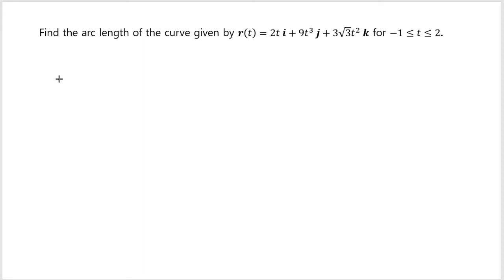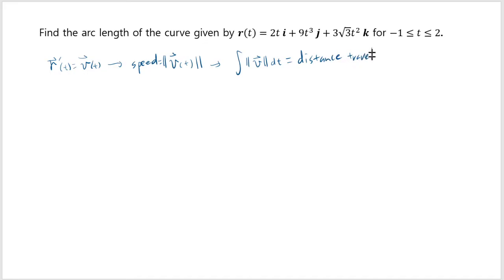So for this one, we use the property that if you differentiate r, you get the velocity, and then speed is the norm of the velocity, and then if you integrate the speed, that gives you distance traveled, which is the distance that the particle traveled.